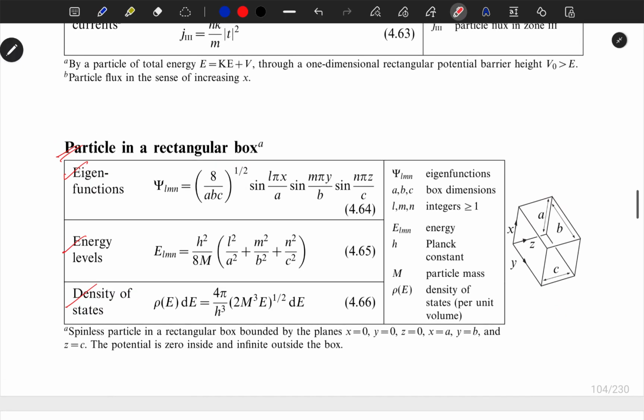Particle in a rectangular box. Earlier we had root(2/L) sin(nπx/L), or a. Now we have three such dimensions x, y, z.